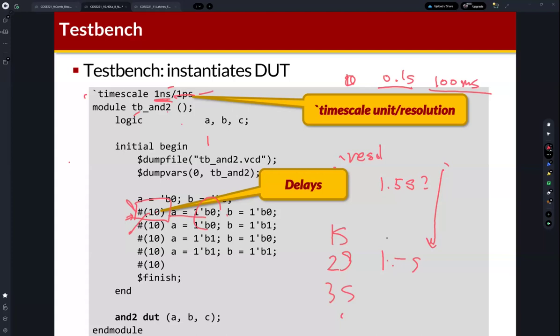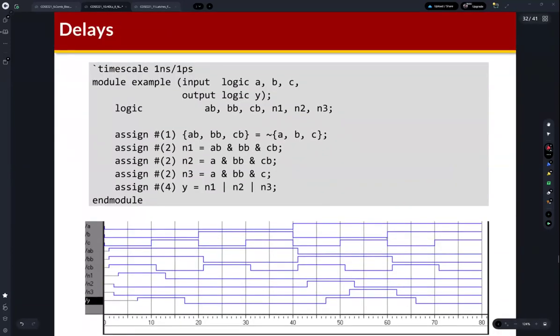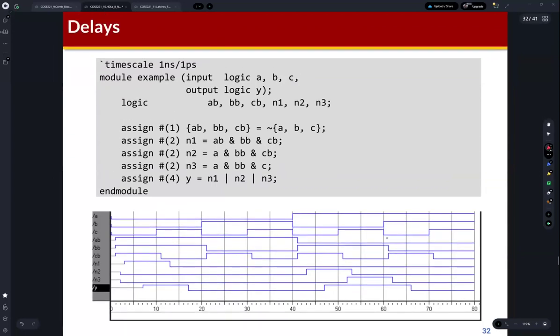Also, you can find another delay here. In SystemVerilog code, we can also represent the timing specification, like delay. Let's see another example. You can find multiple assign statements here, and you can find the delay here.